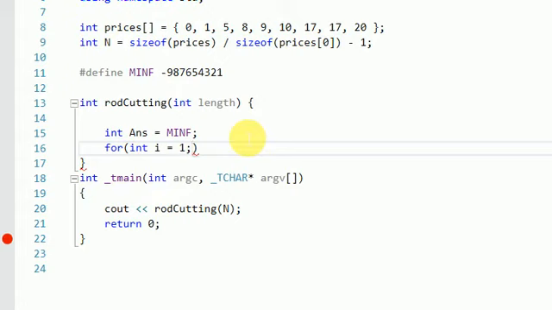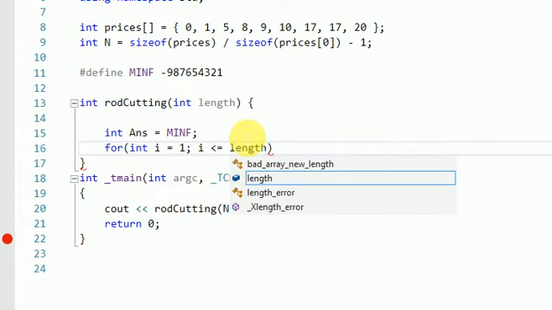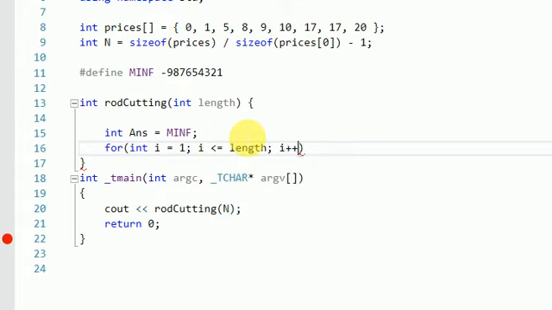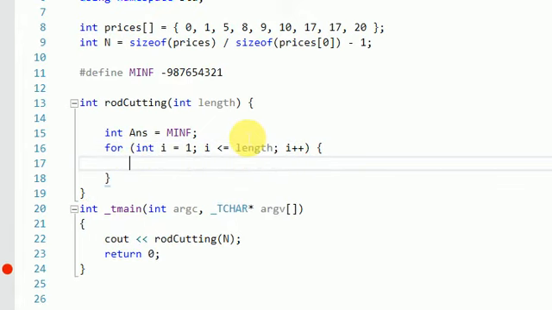Now for int i is equal to 1, you are splitting the rod to 1,7. So starting length is 1 till i less than or equal to length, i plus plus. Now option 1, we have an option. Okay, now the rod is split into i length. Now initially i is equal to 1.